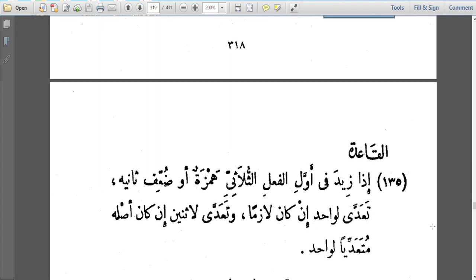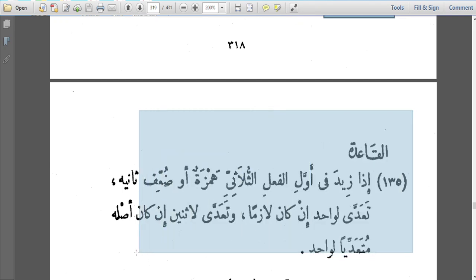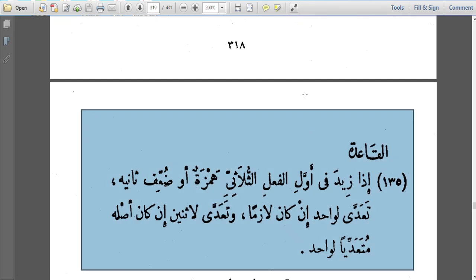Okay. It says in our قاعدة: إذا زيد في أول الفعل الثلاثي همزة أو ضعف ثانيه, أي زيد التضعيف. That is it.